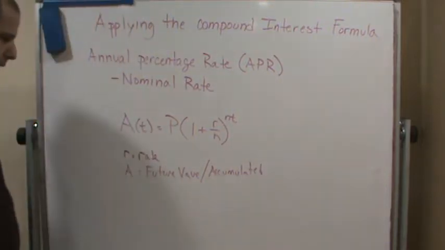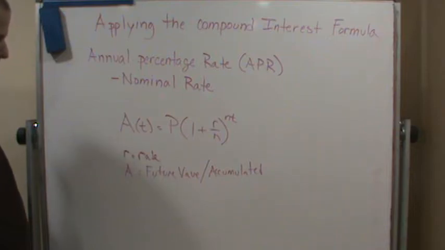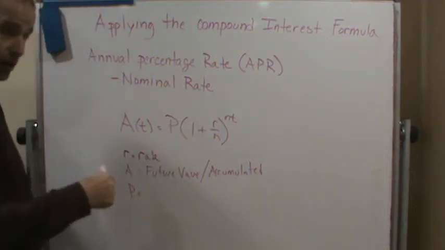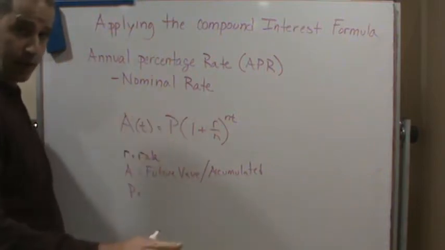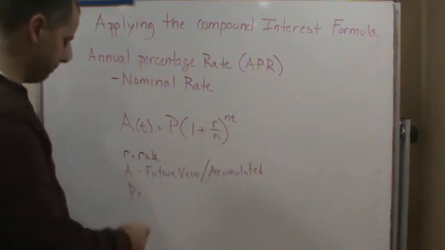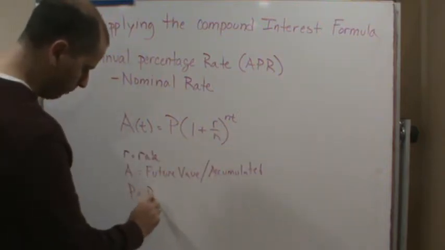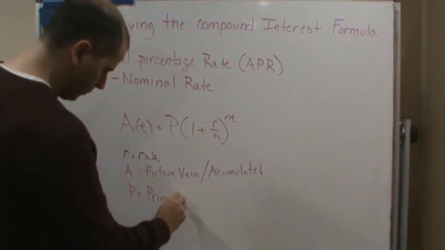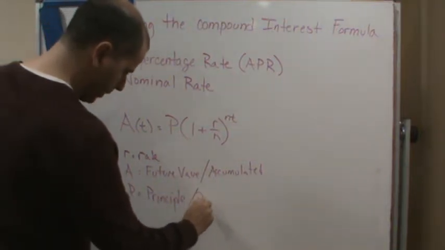P is the principal. That's your initial deposit, right? This assumes one lump sum, so you just deposit the money into the account and you just let it ride. So this is the principal or present value.